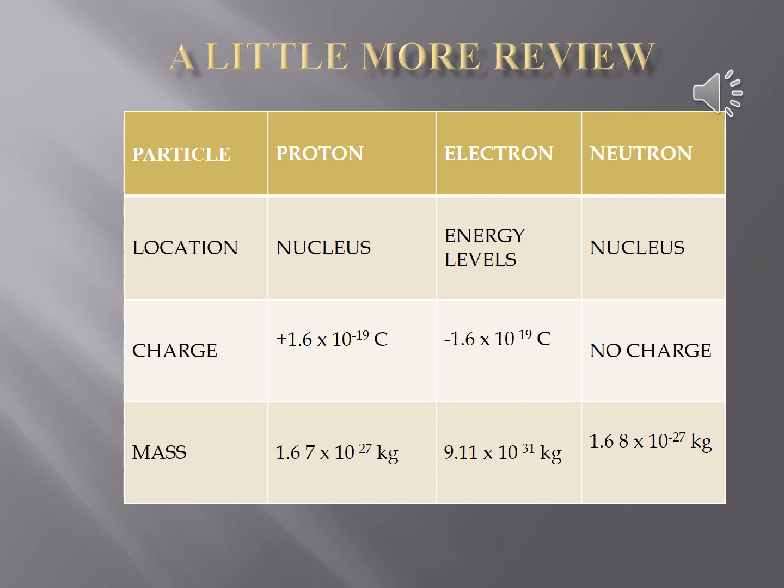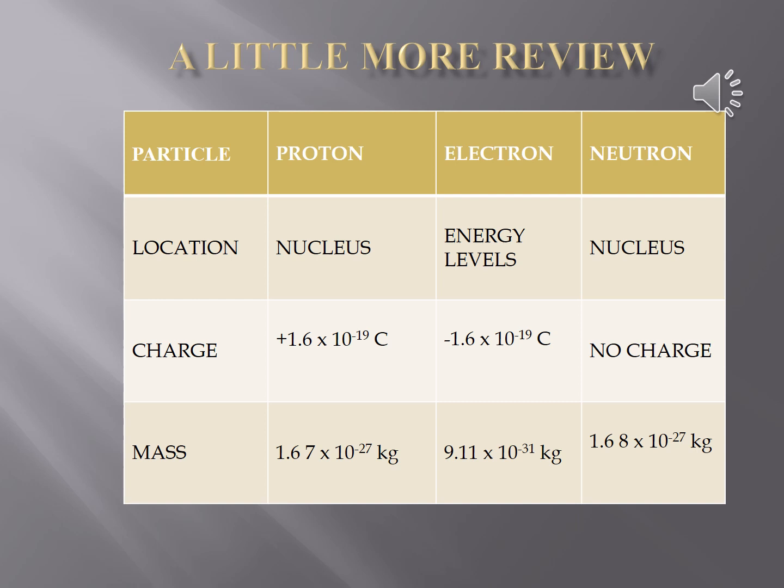The location of the proton is inside the nucleus, and the charge of the proton is 1.6 × 10^-19 coulomb, and the mass of the proton is 1.67 × 10^-27 kg.